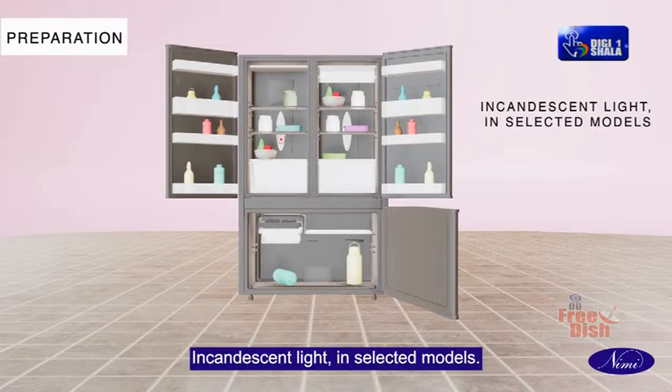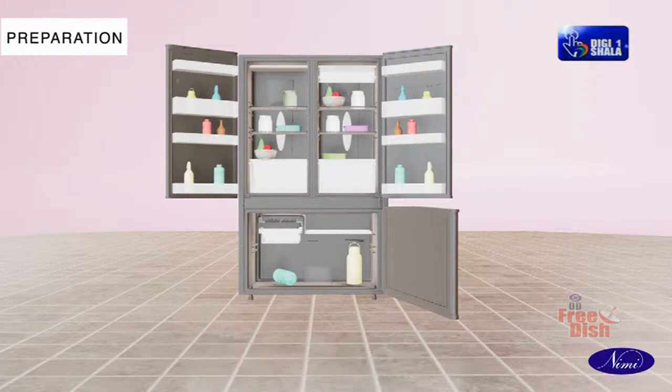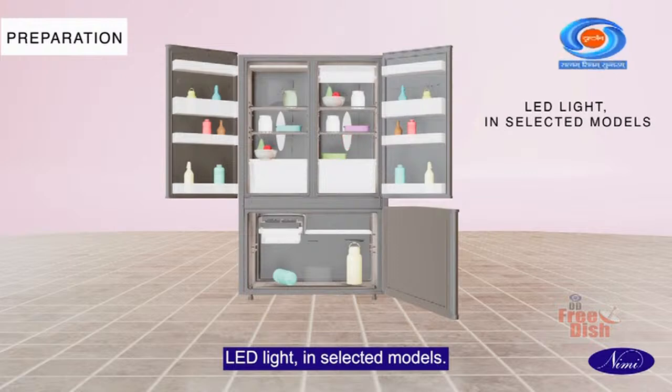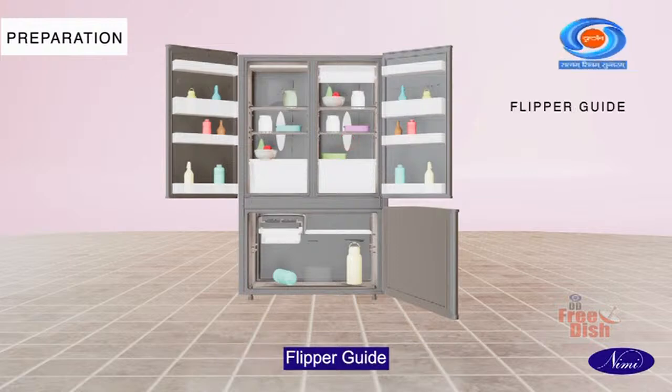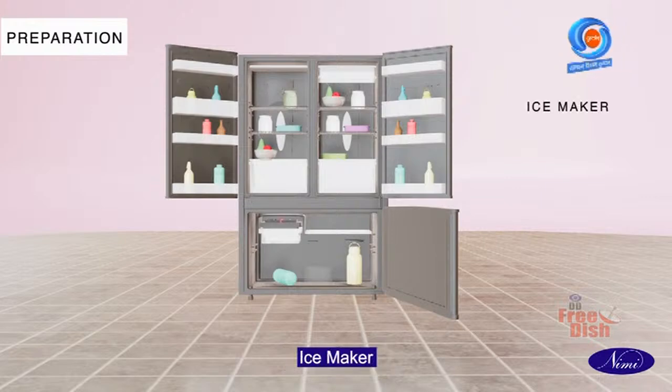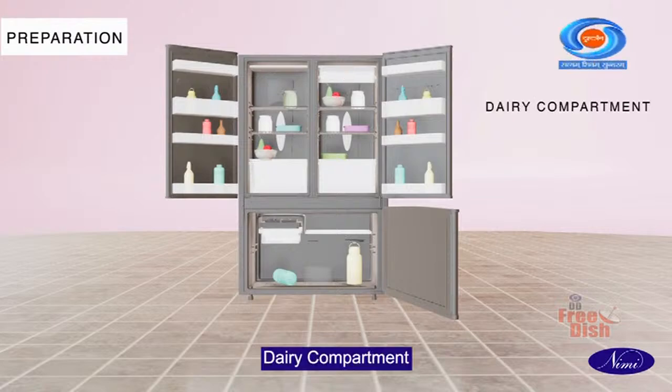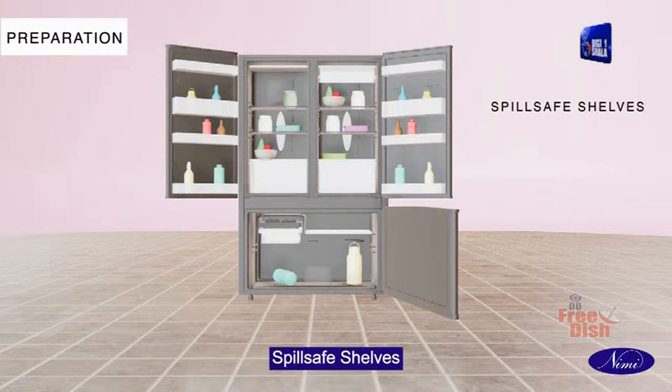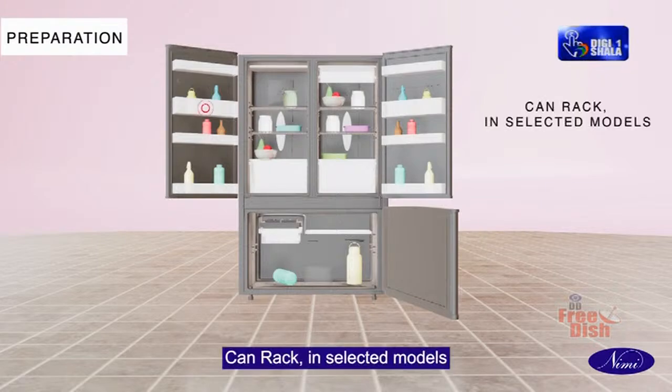Incandescent light in selected models. LED light in selected models. Flipper guide. Ice maker. Ice bin. Water filter. Dairy compartment. Air filter. Spill safe shelves. Can rack in selected models.